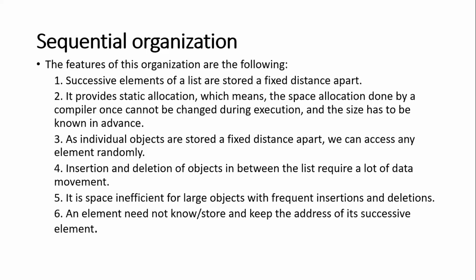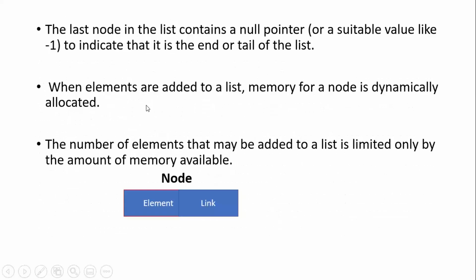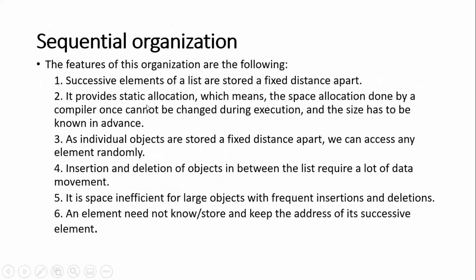Next, it provides static allocation, which means the space allocation done by a compiler once cannot be changed during execution, and the size has to be known in advance. As you have seen with arrays, we have to specify the size of the array in the program itself.